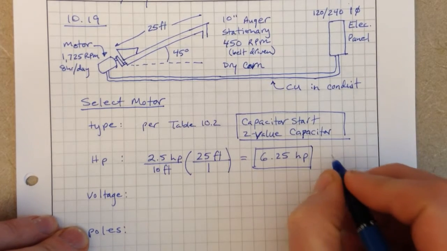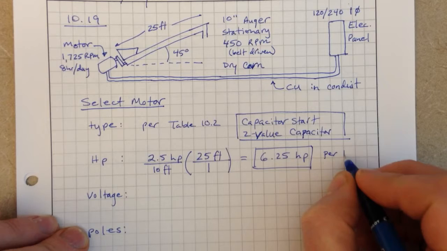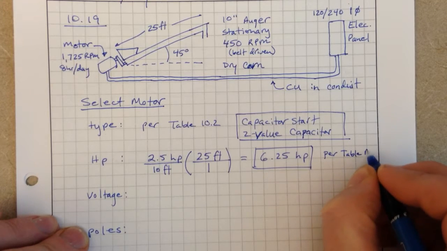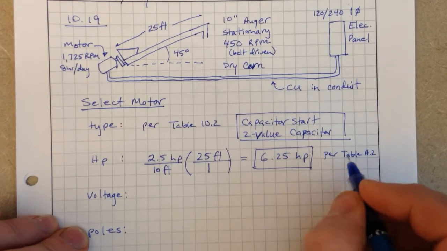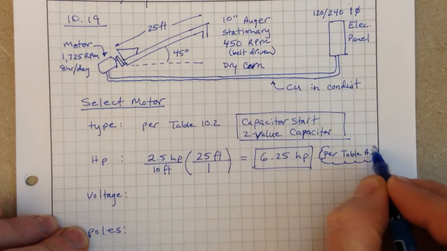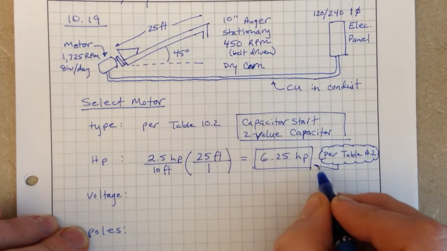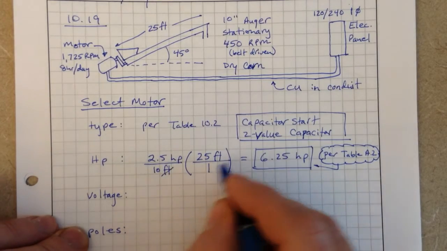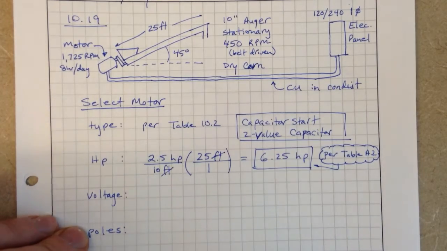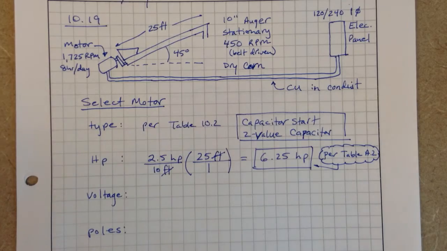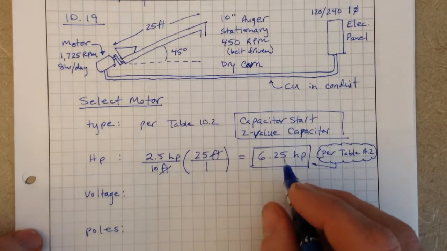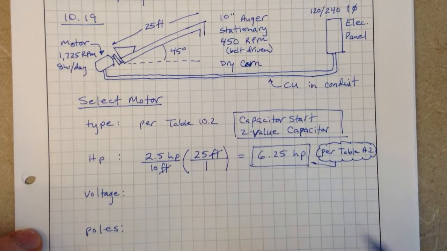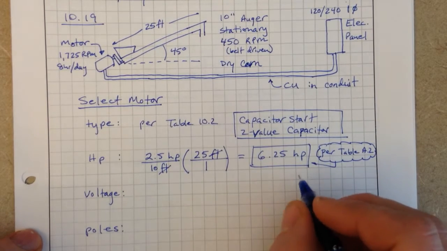That's per table A.2, based on the horsepower per 10 feet, and we have 25 feet. Feet cancel out, and we're left with horsepower. Most likely, though, if we look at Grainger, we're not going to find a 6.25 horsepower motor. I believe we're going to find a 7 or a 7.5.